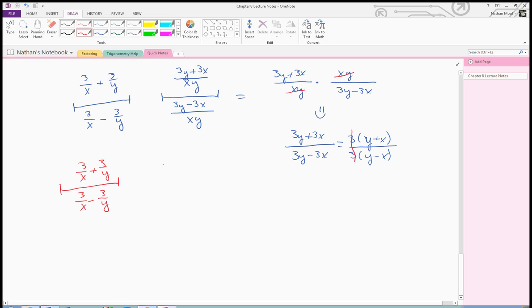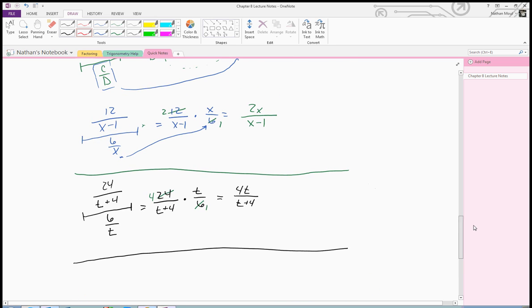If these were similar to this one, where we have t plus 4 all over 6 over t, I'm sorry, my handwriting is off. I moved my arm and now everything's off.